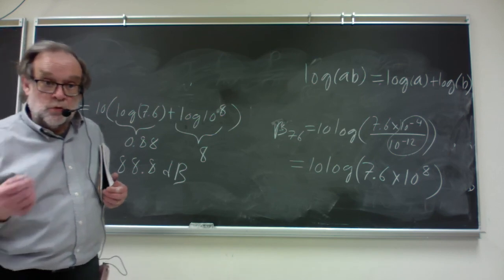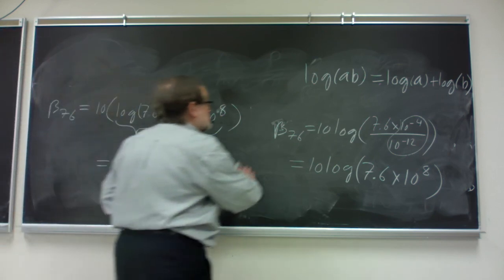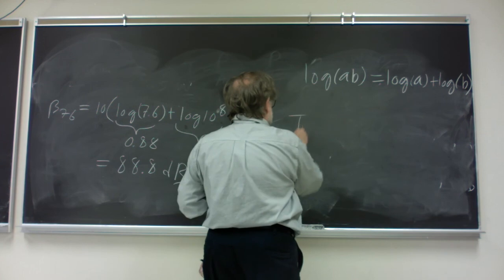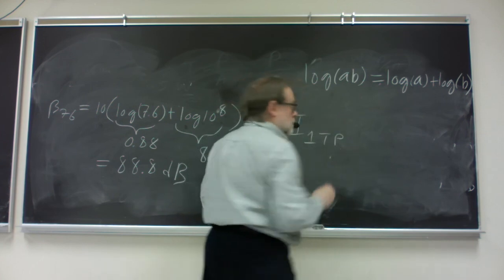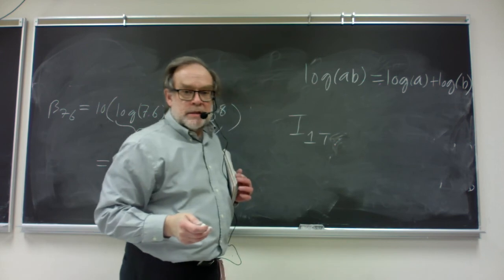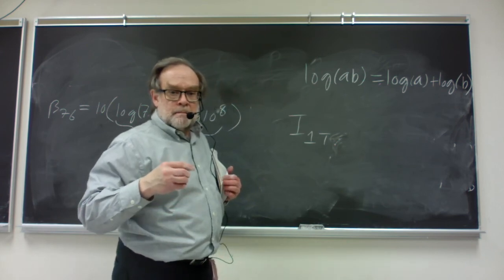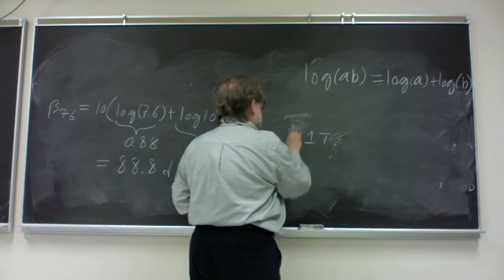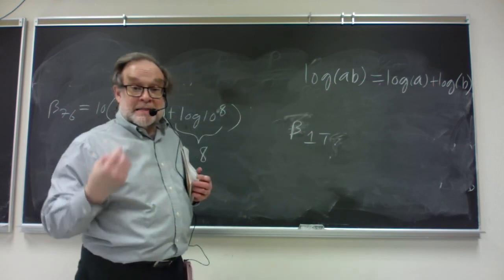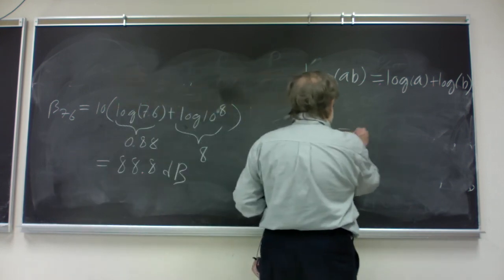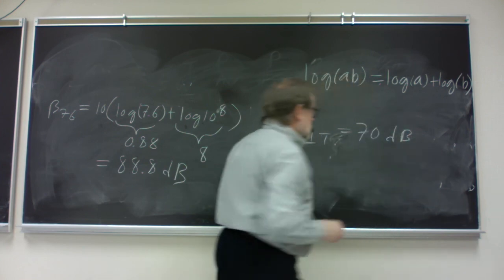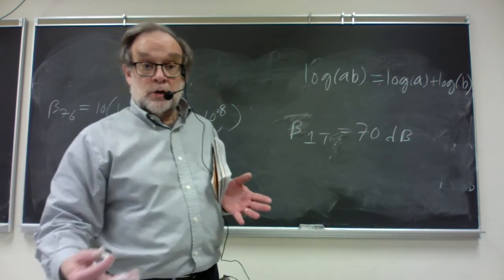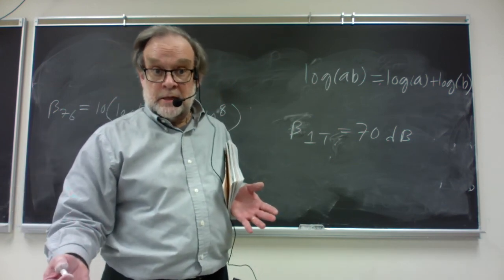Which makes sense. Remember, one trombone had a decibel level of 70 decibels. Well, if we go from one trombone to 10 trombones, we've increased the intensity in watts per square meter by 10 times.